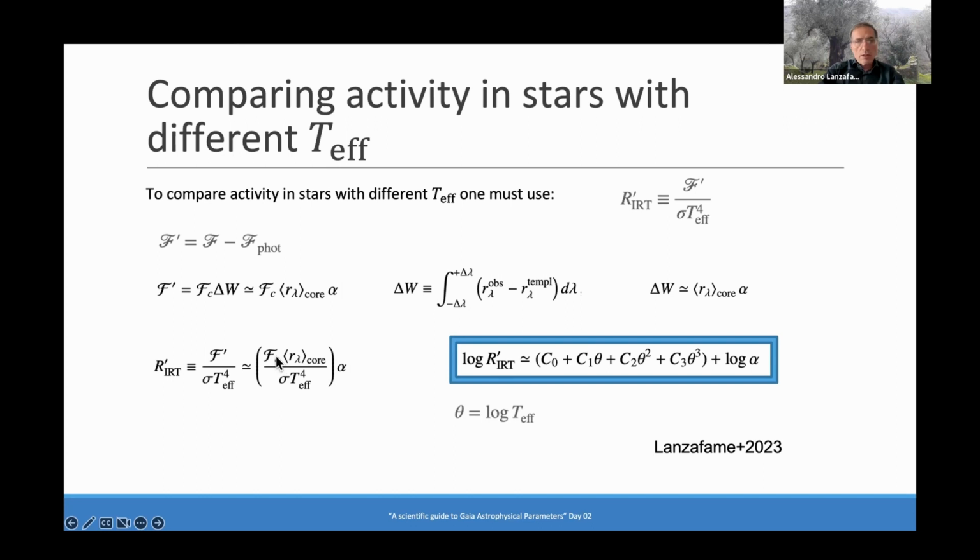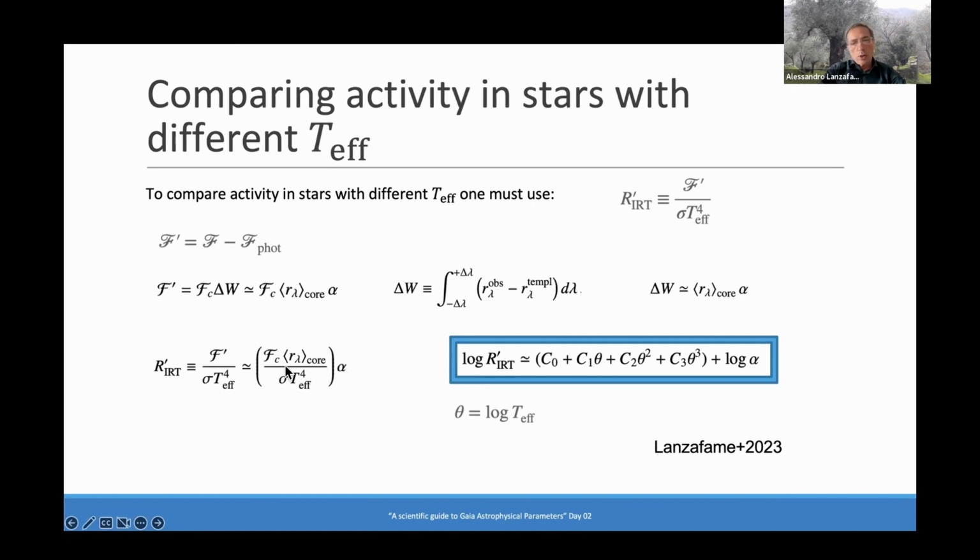This depends only on, say, the known continuum flux that we may take from the model, and the R lambda in the core in the radiative equilibrium spectra that we can compute, and also sigma T effective to the fourth is something that we can compute.